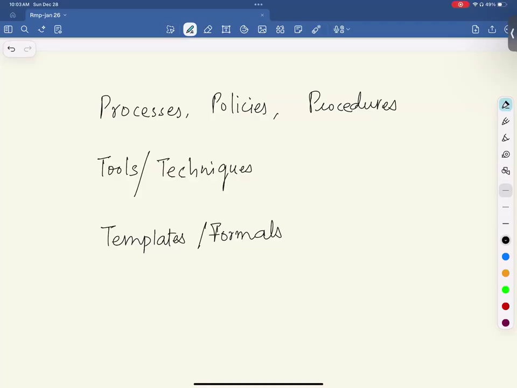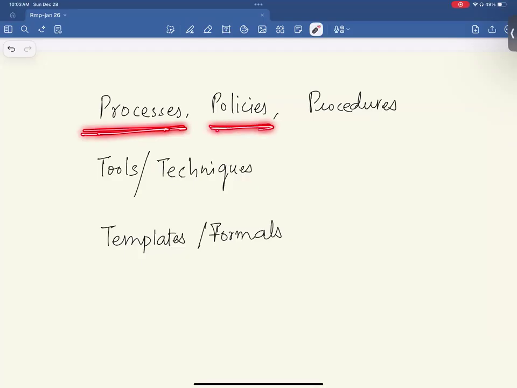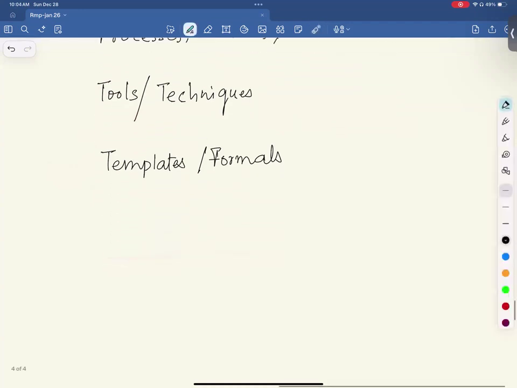Okay, fantastic. The risk management plan contains your risk-related processes, policies, procedures, tools and techniques, and risk-related templates and formats. In addition to that, it contains detail about roles and responsibilities.